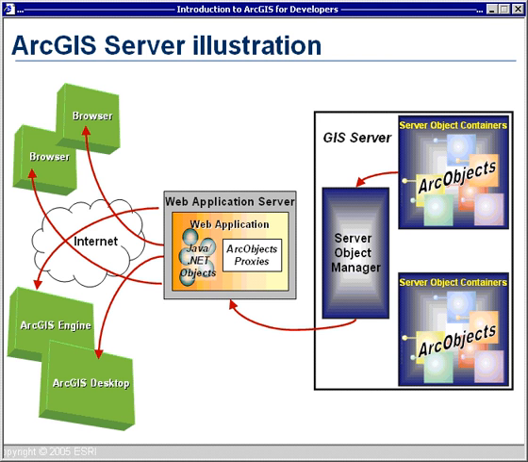The ArcObjects then send the request back through the GIS server to the web application, which knows the correct way to present the results of that information, either as a new map or new tabular information or new graphics that can be displayed inside the web application.